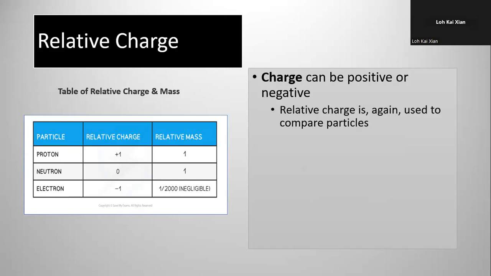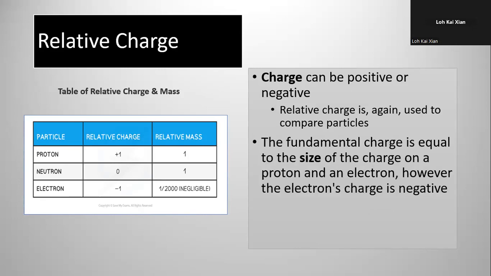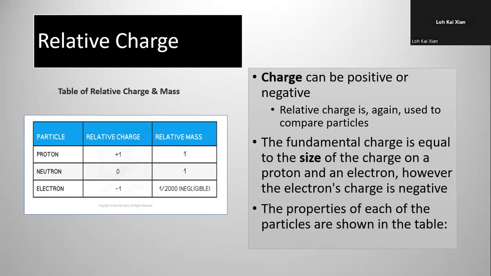Charge can be positive or negative. Relative charge, again, is used to compare particles. Fundamental charge is equal to the size of the charge on a proton or electron. Usually we call it the charge of the electron. However, the electron charge is negative. Properties of each of the particles are shown in the table.